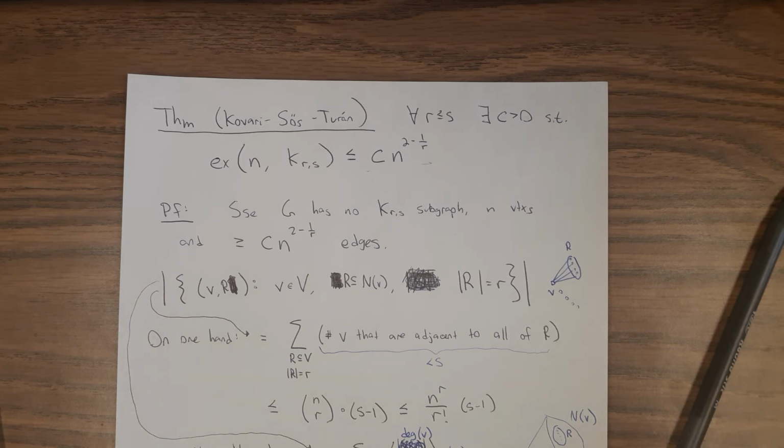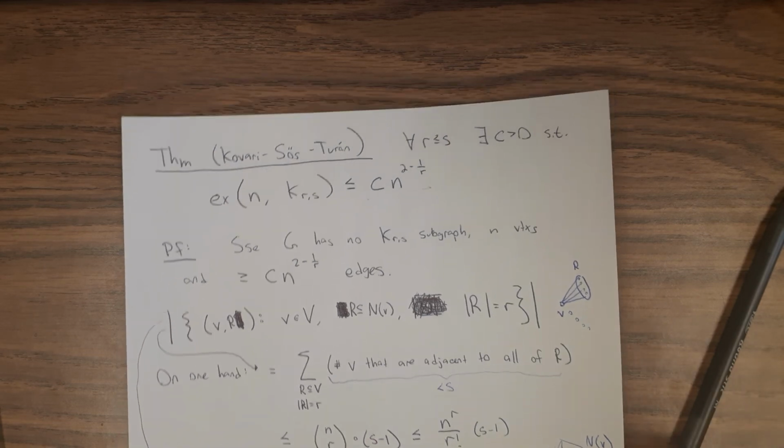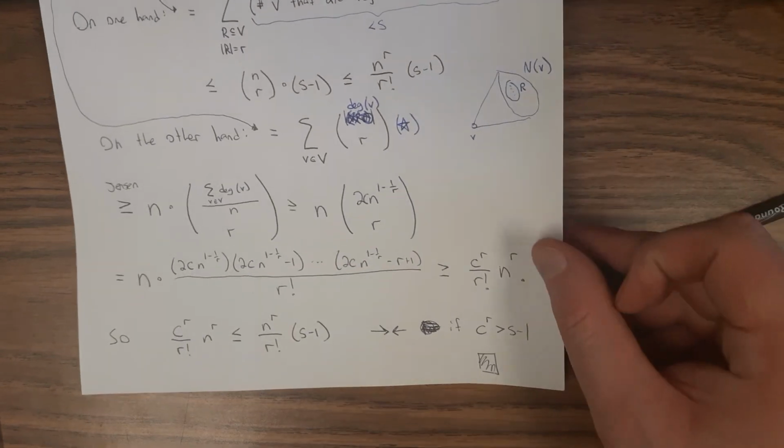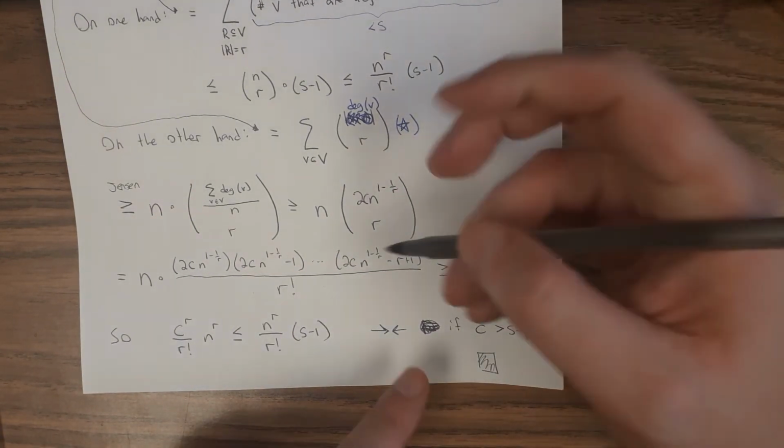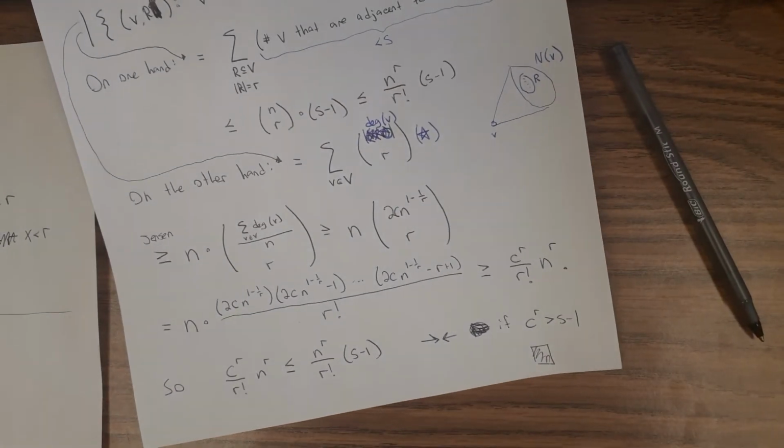So, in other words, when you're proving a statement like this, it suffices to only prove it for sufficiently large n.